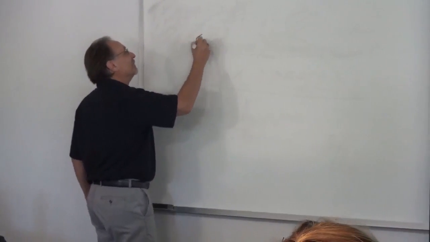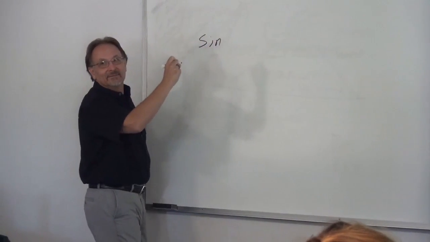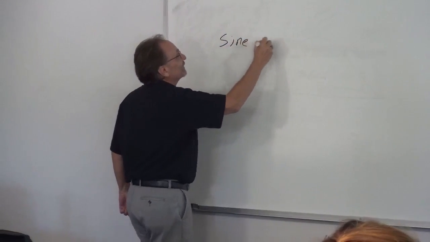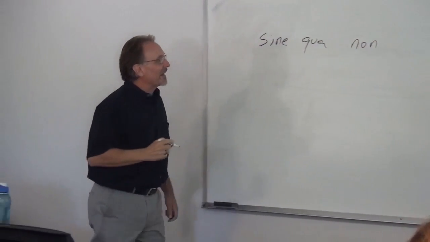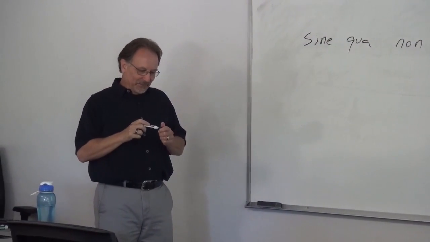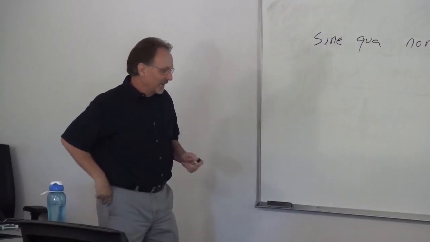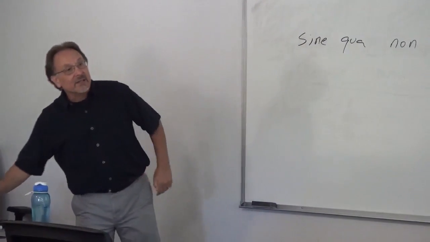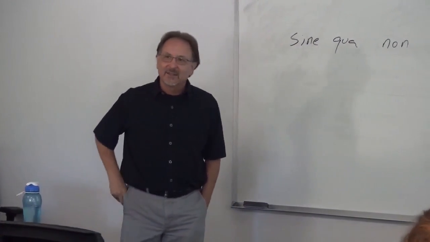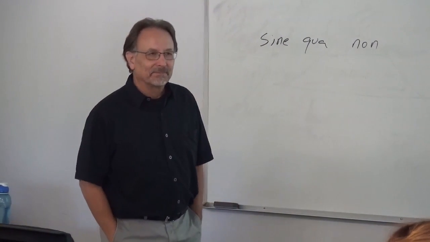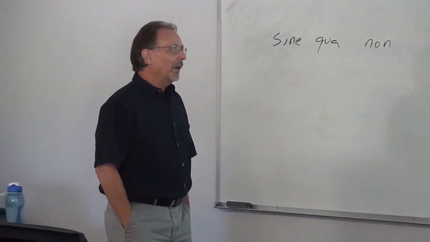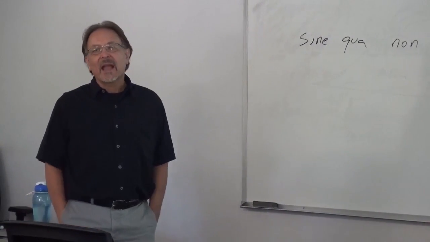Anybody take Latin? Besides me? Sine qua non is Latin for without which nothing. And it means that they are not a set of criteria that you have to meet in order to have established causation. Okay? And he's, like I said, he's very adamant about that.